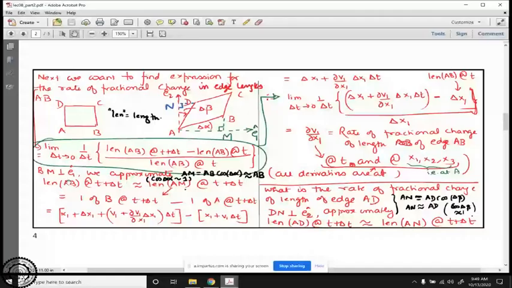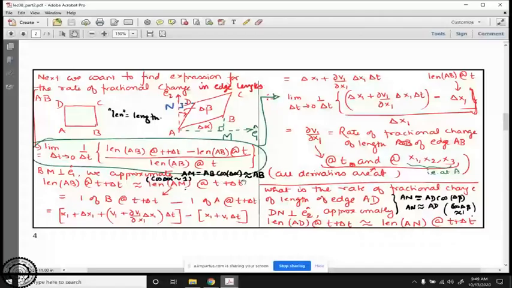I'm going to drop a perpendicular from B to the E1 axis, or let me call it horizontal along E1. I drop this perpendicular, and then AM will be what? AB cosine delta alpha. That is the exact expression.